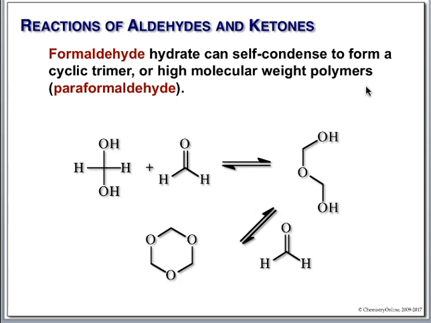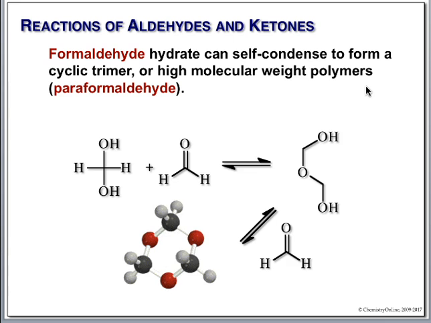This is the formaldehyde that's a solid, easily handled, and stuff like that. And again, it's in equilibrium back with formaldehyde itself. Very nice product to work with if you need formaldehyde. This is what trioxane looks like. Kind of a neat little molecule.